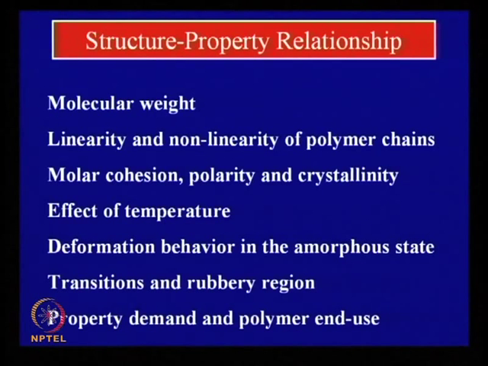Then comes the linearity and non-linearity of polymer chains. What happens if a polymer chain is linear? Linear, you know what I mean to say, linear means line-like, thread-like. Say you think of a bamboo having branches.